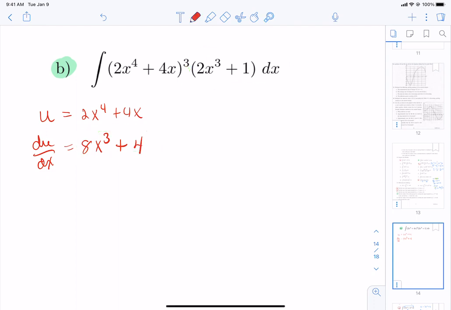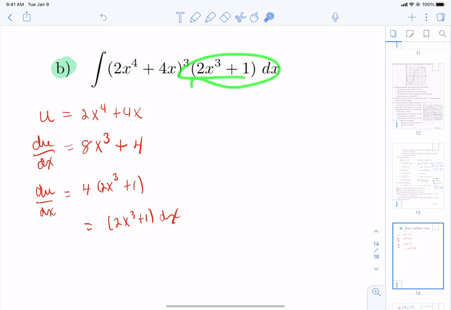So here's my idea. Let's factor out the 4 so we can see where the 2x cubed plus 1 is living. Now, let's leave the 2x cubed plus 1 and the dx on one side, because that's what we need to replace in the problem. But the 4 doesn't need to be there.